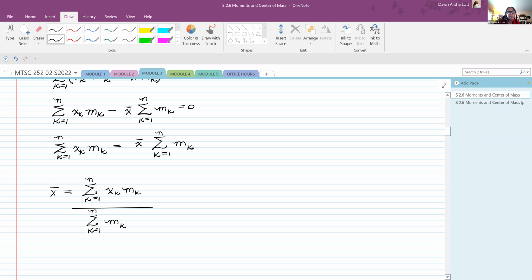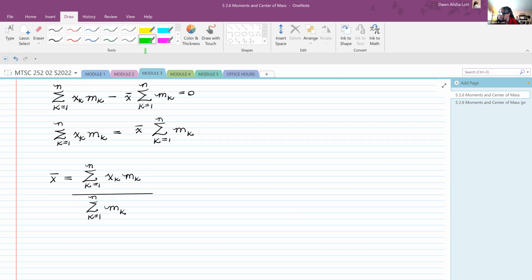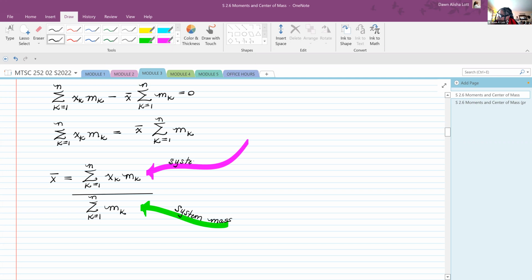All right, so as you sum the masses, it's easy to see that that is the system mass. And as you look at the top thing here, this is the system moment. Okay, so that's the system moment.